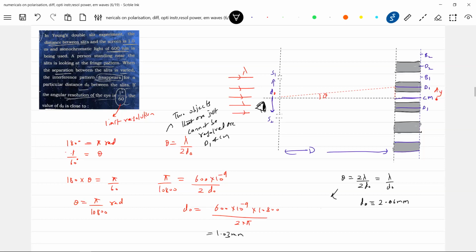Here, 2 objects that just cannot be resolved are D1 and D2, or B1 and B2, or B1 and CM. Anything it can be, 2 dark spots or 2 bright spots.